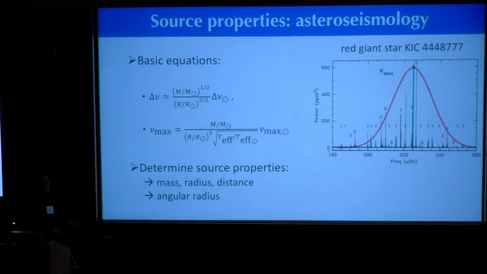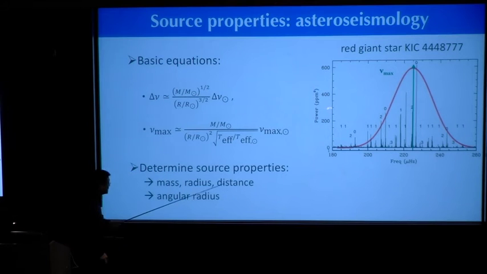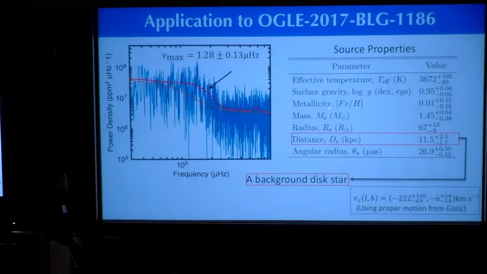And nu max is usually related to the sound crossing time scale in the pressure scale height. In any case, you can see these two parameters are related to stellar parameters like stellar mass, radius, and effective temperature. So from such a spectrum, you can infer the source mass, radius, distance, and as a byproduct, also the angular radius.